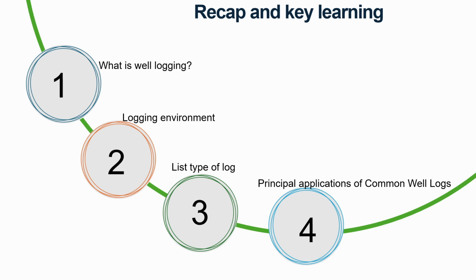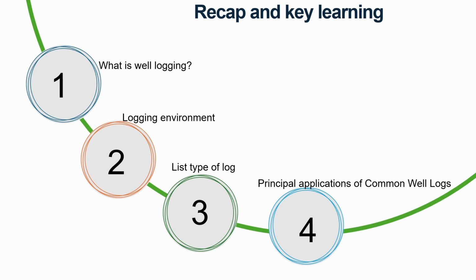What is well logging? What is the logging environment? What are the types of log? What are the principal applications of common well logs? A strong summary answer would be well logging is the depth-based measurement of physical properties in and around the borehole. The logging environment includes borehole shape, mud cake, invasion, flushed zone, transition zone, and uninvaded zone.